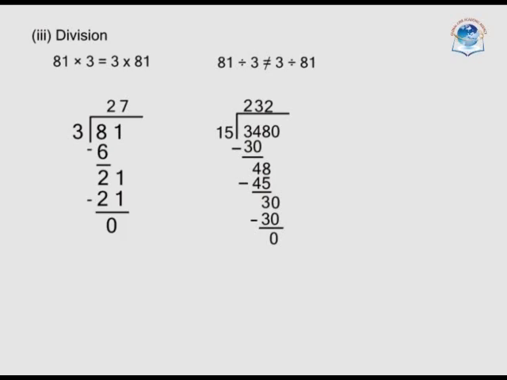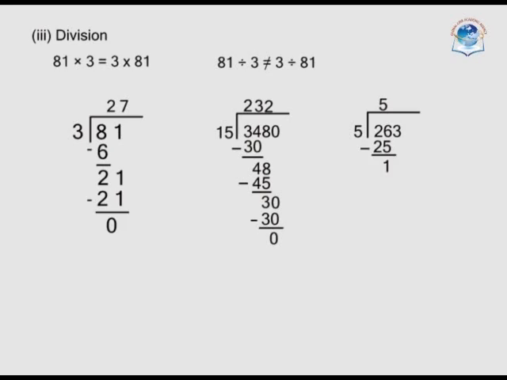Sometimes in this operation, the divisor may not divide into the dividend completely. The remainder is written alongside the quotient. For example, 263 divided by 5. 5 cannot divide into 2, so we go to 26. 5 into 26 5 times because of 25.